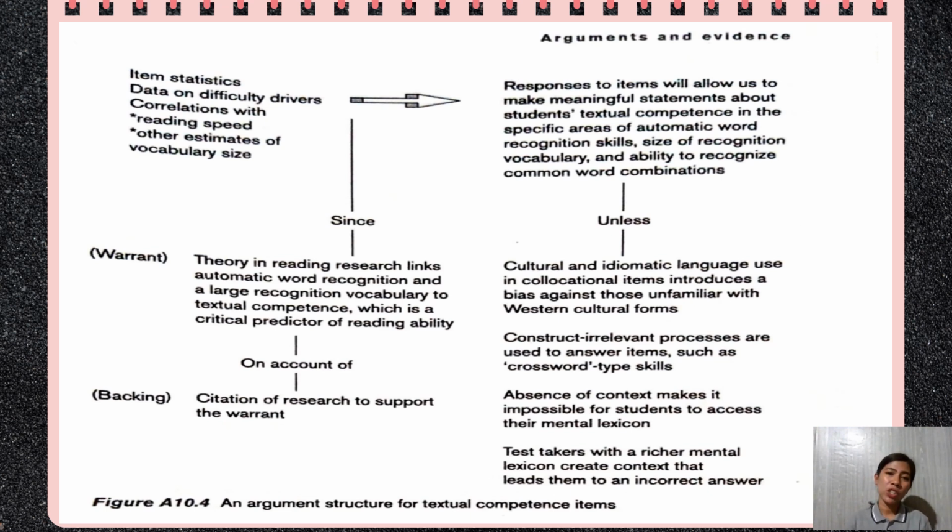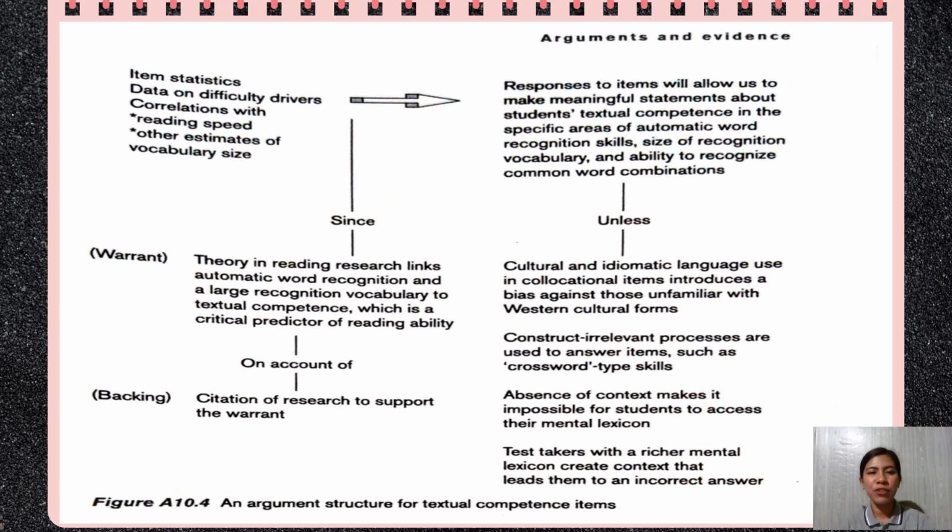So this is the diagram, which shows how arguments and evidence are used to support the use of certain test questions for measuring students' textual competence, or their ability to understand written language. We can use the students' answers to specific test items to learn about their ability to recognize words quickly, understand common word combinations, and know many words.